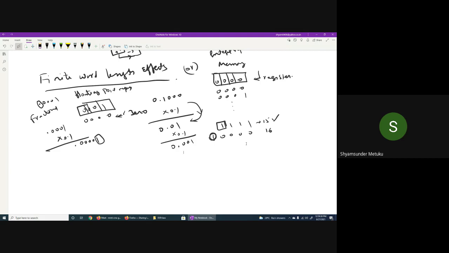If you come across a point where the output is not the expected value due to the capacity of the physical memory, instead of the required output you may end up with some error output. Yes or no? This is called finite word length effects, whatever distortion or result error you are going to get.